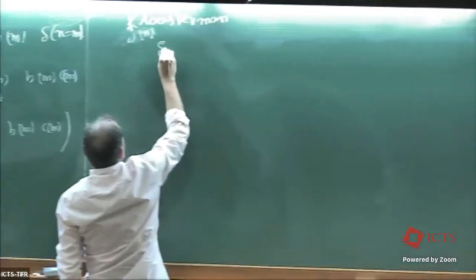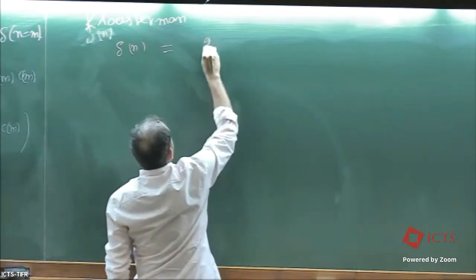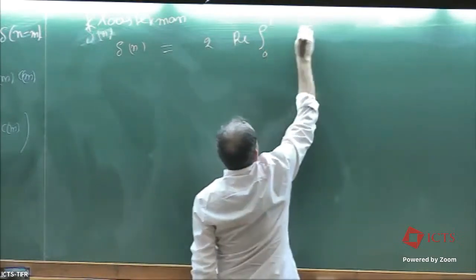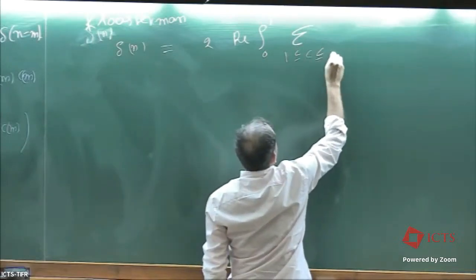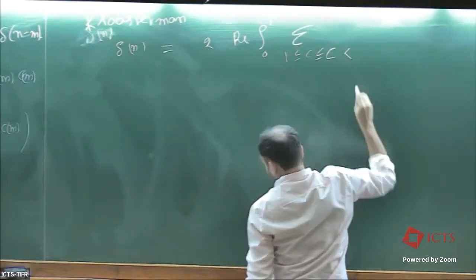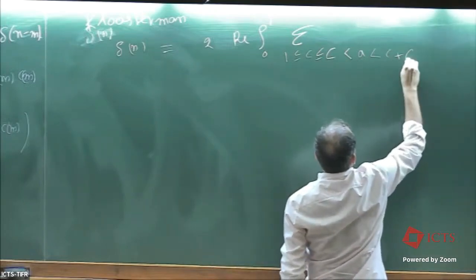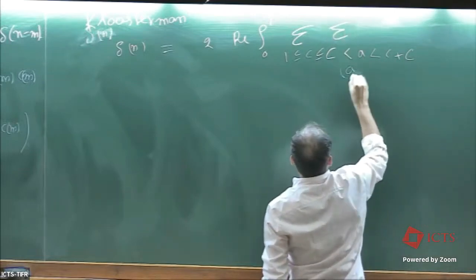It gives the expansion for delta of n as 2 times the real part of the integral from 0 to 1, of the sum over 1 less than or equal to c less than or equal to capital C, and there are two summations, a and c.